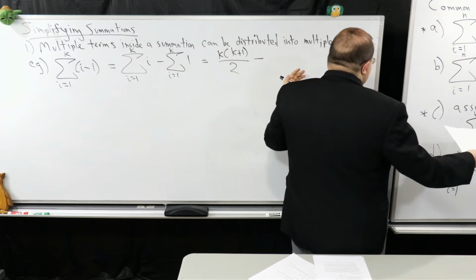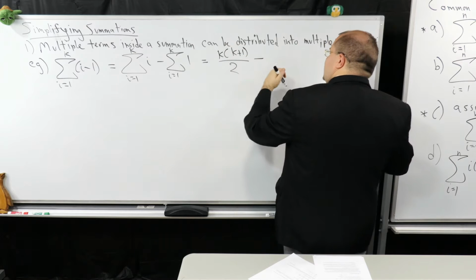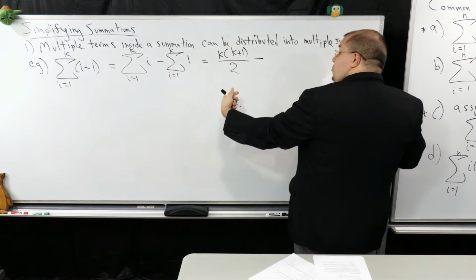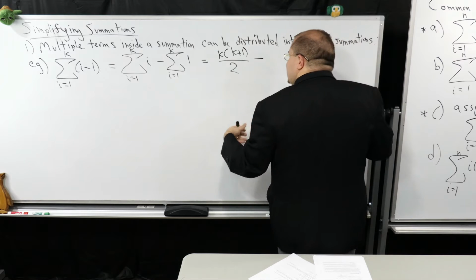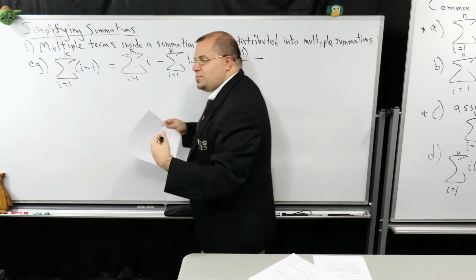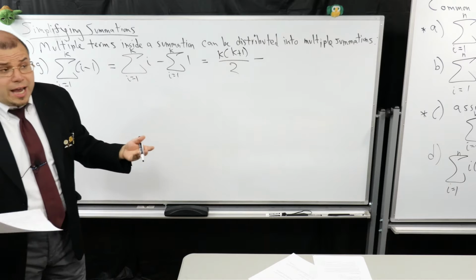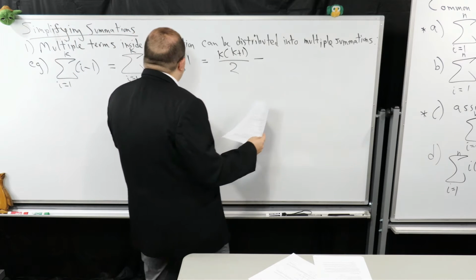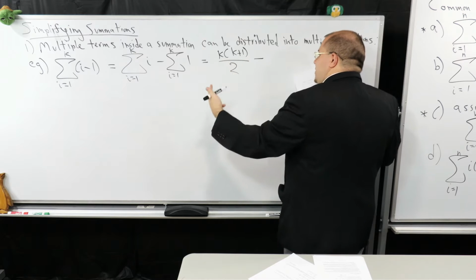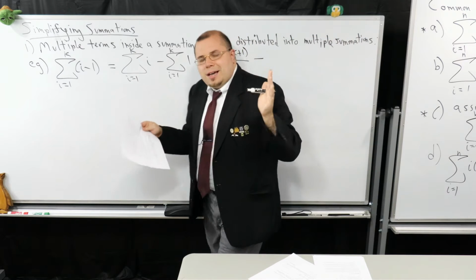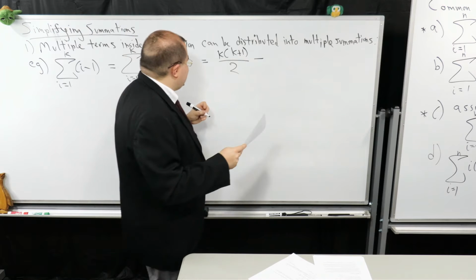What was the something? It was upper limit minus lower limit plus 1. You want to count up how many times the 1 is getting added. So it happens how many times? K minus 1 plus 1, which makes sense because it should occur k times. Because it's 1, then 2, then 3, then 4, then 5, all the way up to k, which is k times.